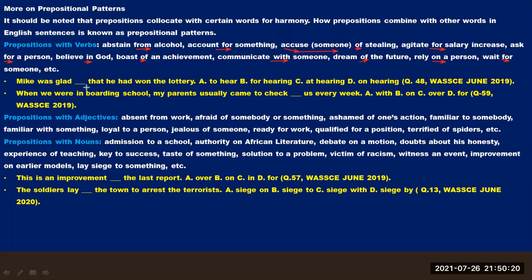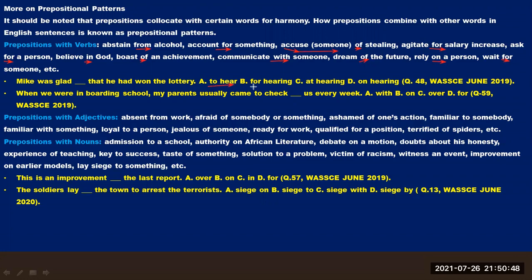So we are looking for the verb and the prepositional collocates, or the preposition and the verbal collocate. Mike was glad dash that he had won the lottery. Option A, to hear, and that is actually correct. Mike was glad to hear that he had won the lottery.